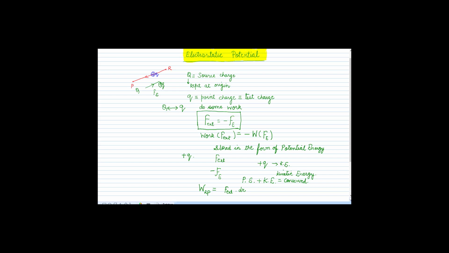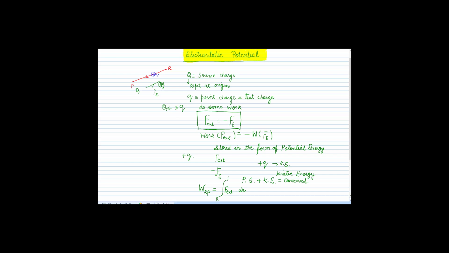So the force which is working is the external force, and say dr is the displacement, and we have to integrate. Integrate means we are taking all those small sums for this distance, because F external is the external force we are using, and dr represents the distance we have traveled. So how much distance have we traveled? We have traveled the distance from R to P.